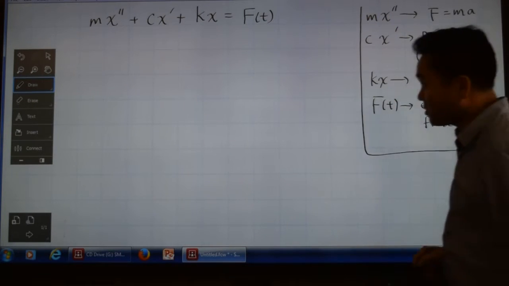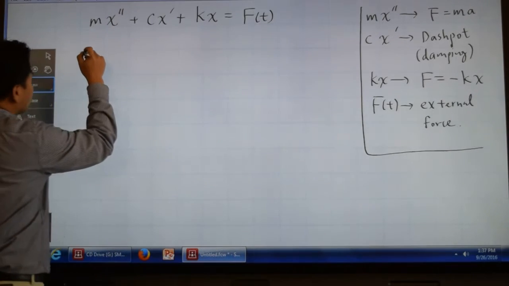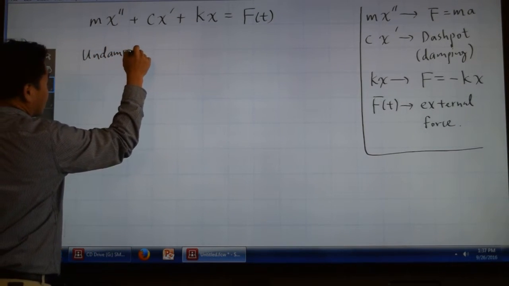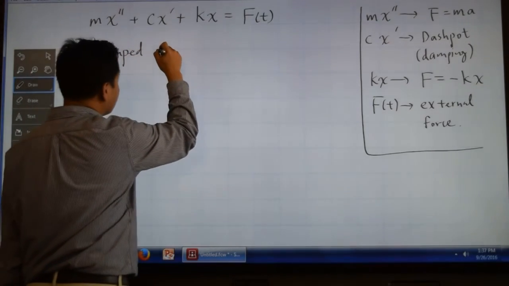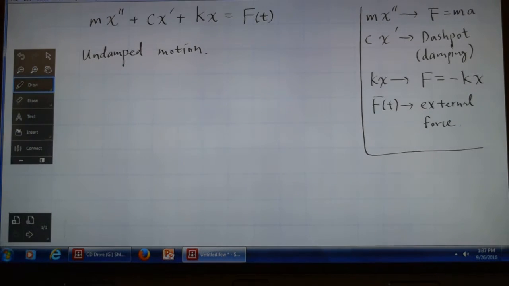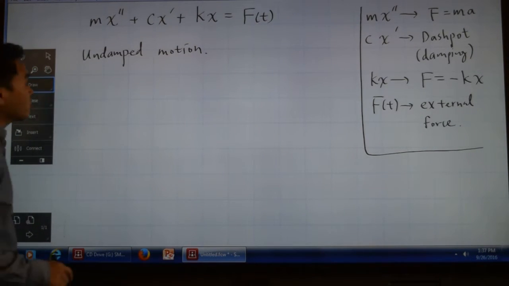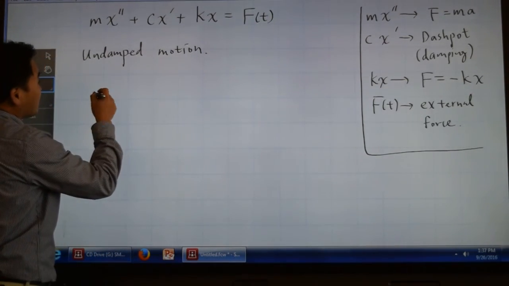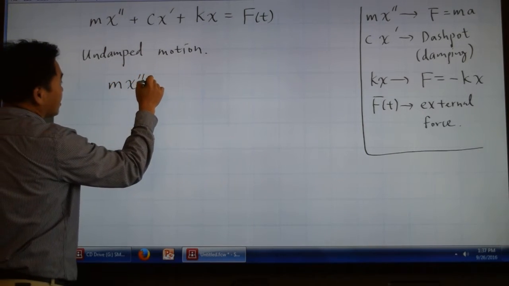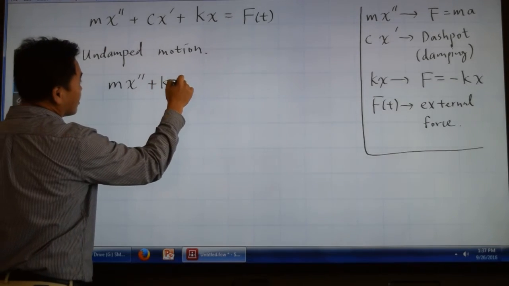Now let's start with the simplest of these, undamped motion. If there's no external force acting and there's no damping at all, what we have is mx double prime plus kx equal to 0.